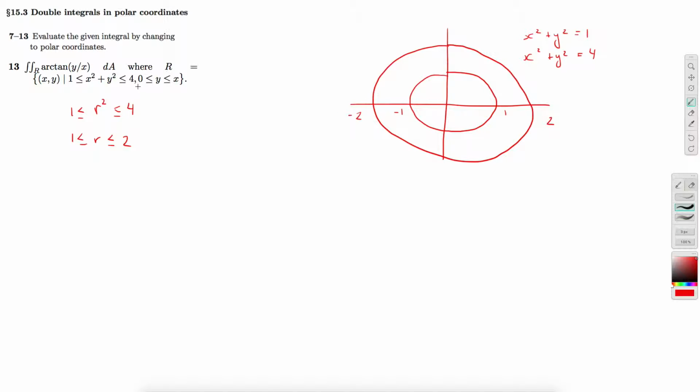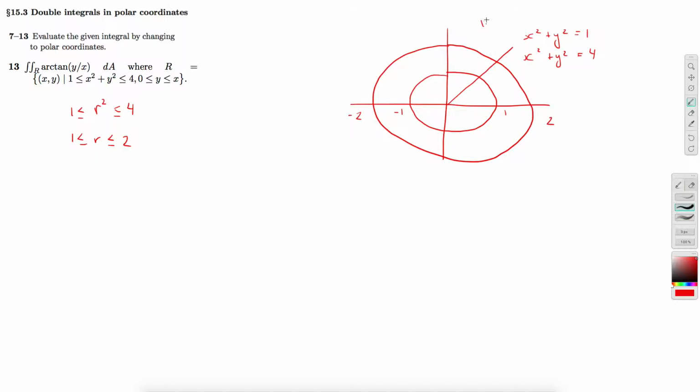Next it tells us that 0 is less than y. Okay, so 0 is less than y. And y is greater than 0. And y is less than x.